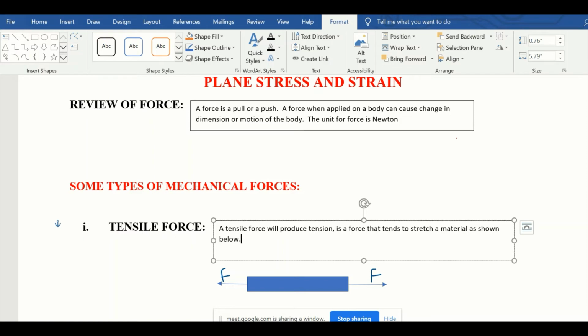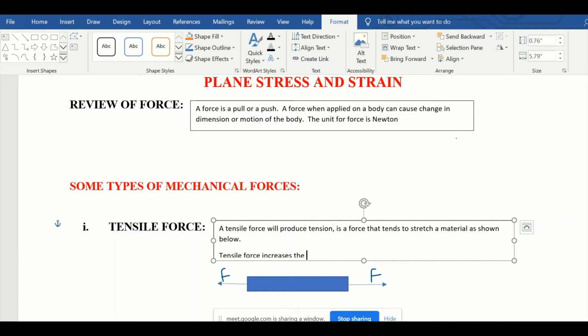Now, because this force is stretching the material, it tends to what? To increase the length of the material. So we are saying that an effect of a tensile force acting on a material is that it increases the length of the material on which it is acting.